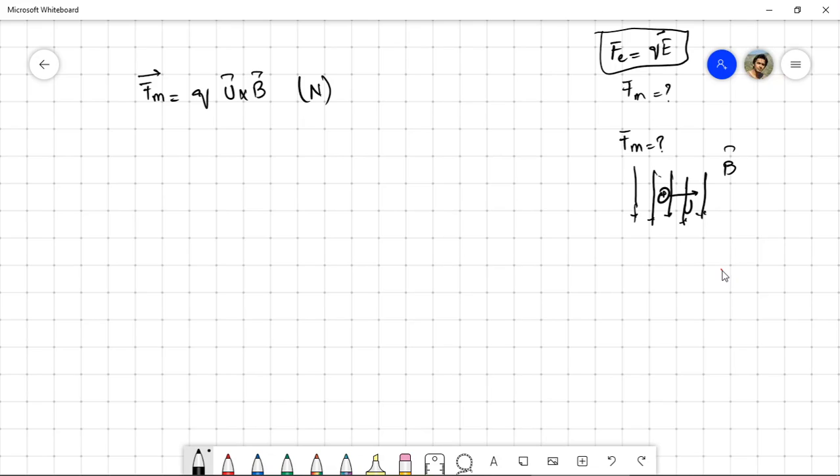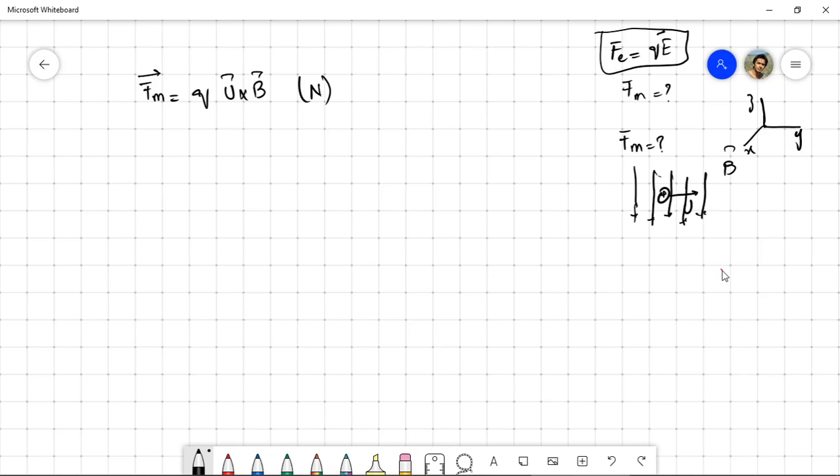If we take a look at this example, the direction of movement, the direction of velocity, is along, if we mention this, this is the y-axis, this is the z-axis, and this is the x-axis. The x-axis is basically coming out of your screen.